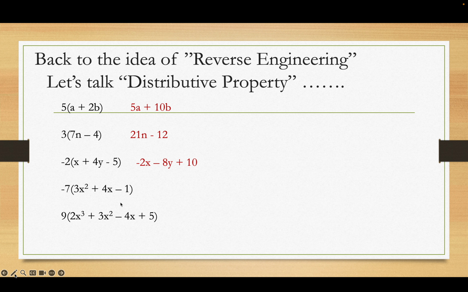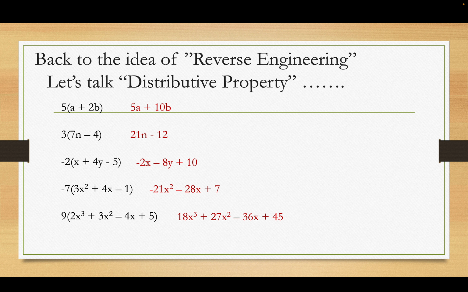Try the next one. That would be negative 21x squared minus 28x plus 7. Same thing about changing all the signs. And the last one was distribute the 9 to all 4 terms. That gives me 18x cubed plus 27x squared minus 36x plus 45.